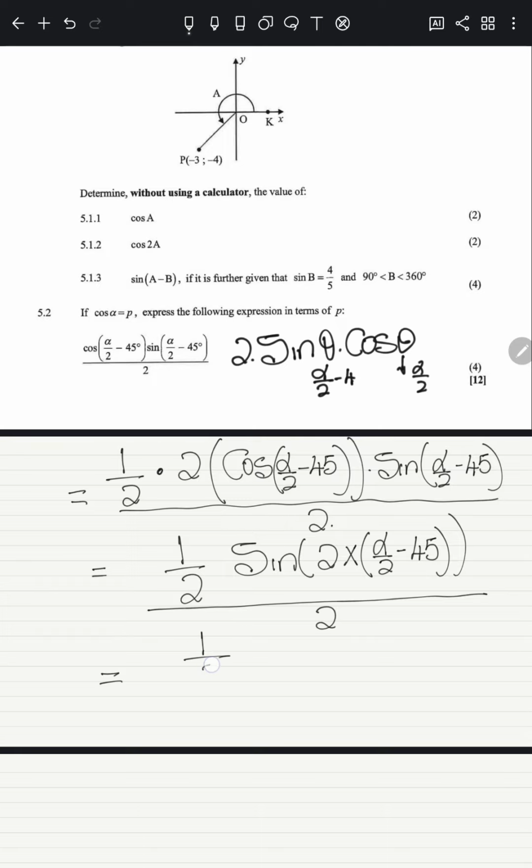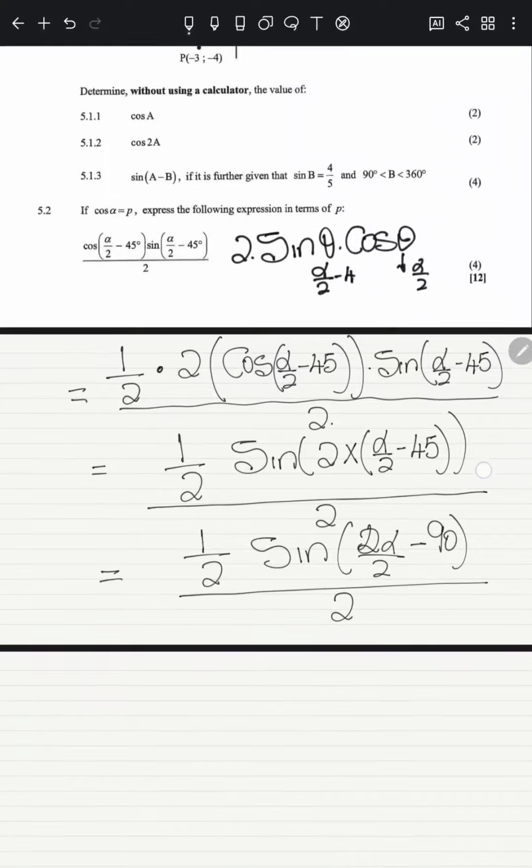So this is 1 over 2, and then sine, open bracket, this one is going to be 2 alpha over 2 minus 90. Okay, we are journeying somewhere. Then divided by 2.